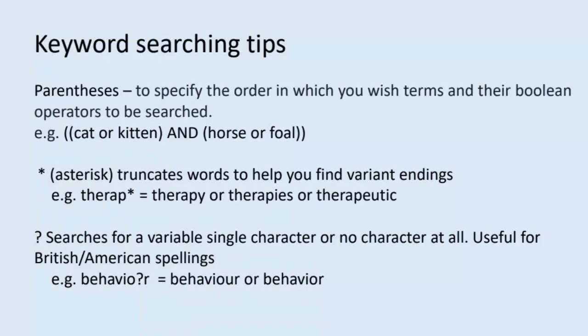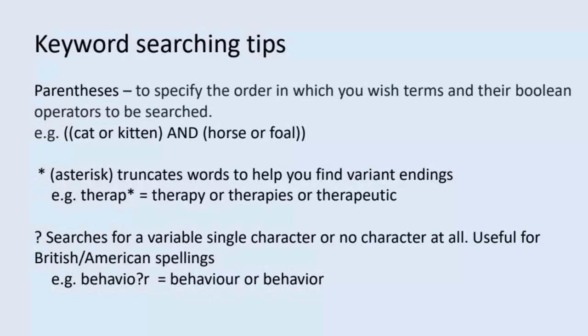The example on the screen is therap with an asterisk, and that will bring back therapy or therapies or therapeutic or therapists or anything else you can think of that starts with therap. Just by using that asterisk, it helps you to broaden your search in the same way that or does, without having to type out all of those different words.